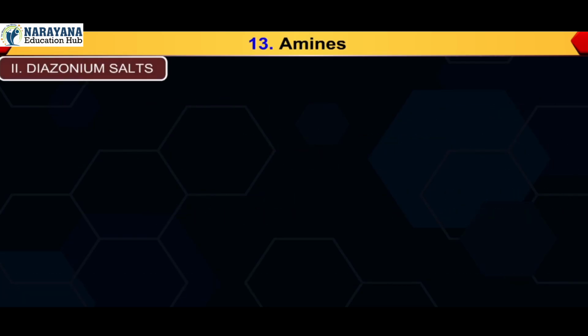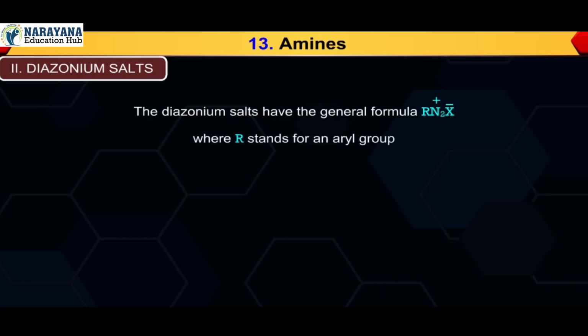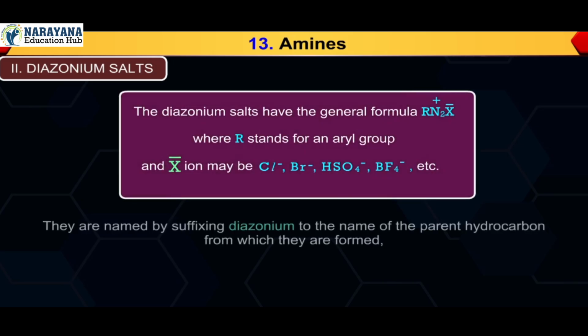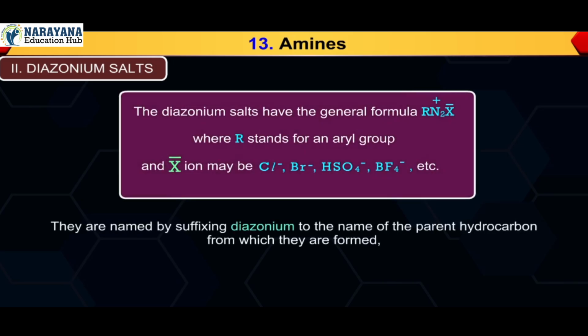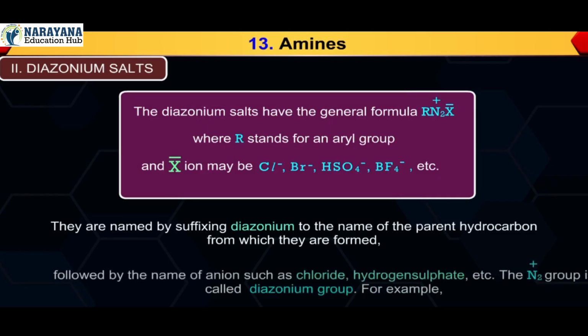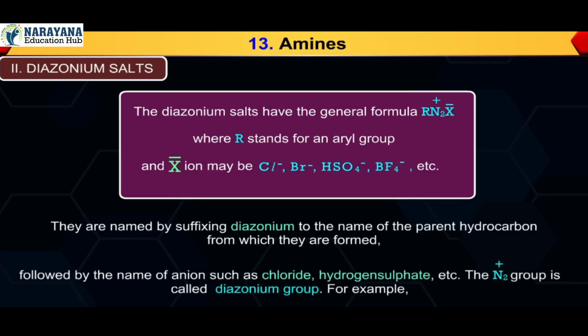2. Diazonium salts. The diazonium salts have the general formula RN2+X-, where R stands for an aryl group and the X- ion may be Cl-, Br-, HSO4-, BF4-, etc. They are named by suffixing diazonium to the name of the parent hydrocarbon from which they are formed, followed by the name of the anion such as chloride, hydrogen sulfate, etc. The N2+ group is called the diazonium group.